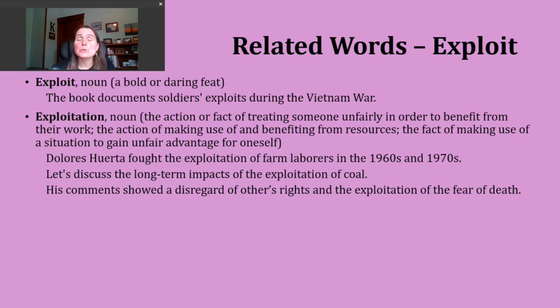Another related noun you might encounter is exploitation. This noun can be used in a few different ways, and we'll look at 3 of those definitions. One way to use it is to refer to the action or fact of treating someone unfairly in order to benefit from their work. An example of this might be Dolores Huerta fought the exploitation of farm laborers in the 1960s and 1970s.